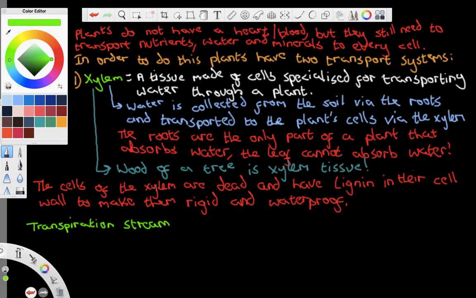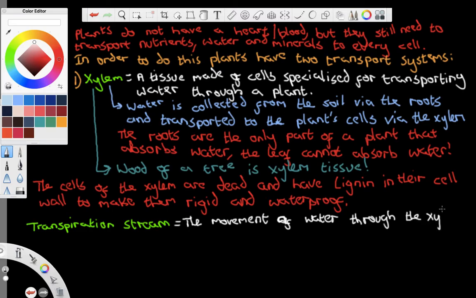Now we can define a transpiration stream as the movement of water through the xylem of a plant.